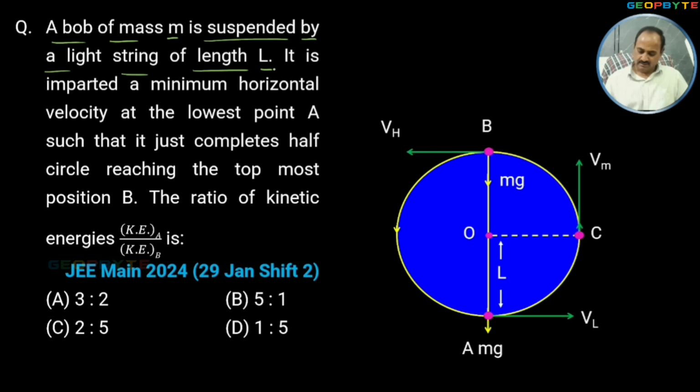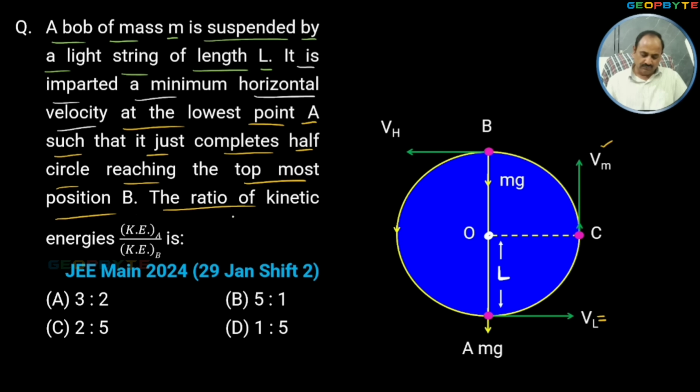Similarly, velocity right after completing 1/4 of the circle is given as VM. The ratio of kinetic energies at A and at B, how much?